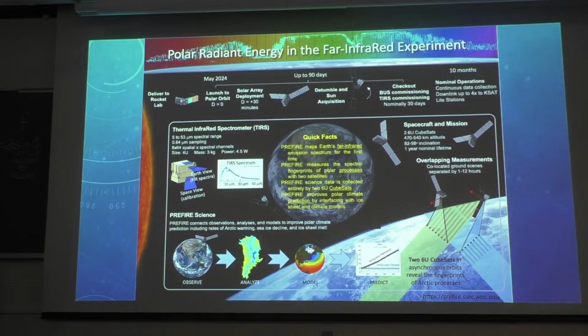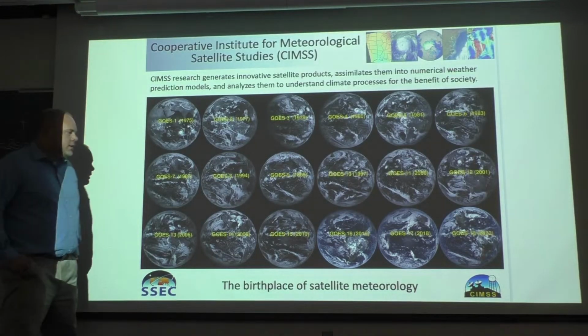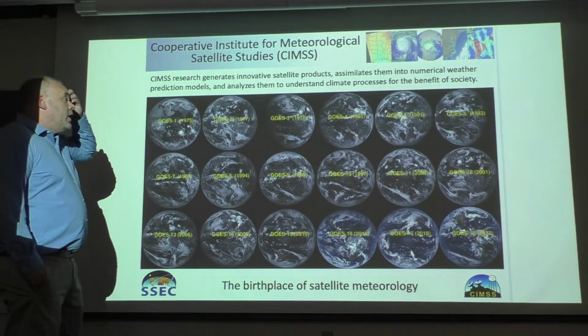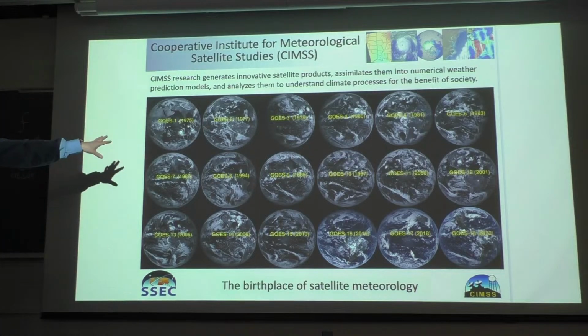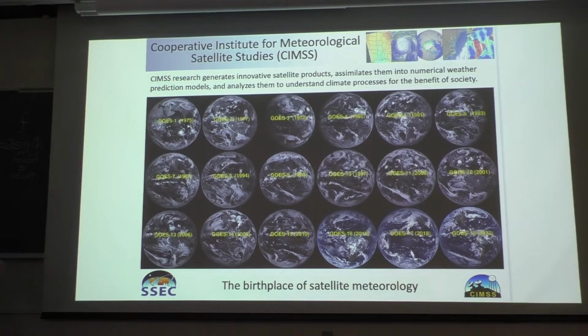Okay, that leads me to my other role. I have just one slide on this, but hopefully you've heard a little something about this or already know that AOS is, I think, very fortunate to have the Cooperative Institute for Meteorological Satellite Studies and the Space Science and Engineering Center in the same building.